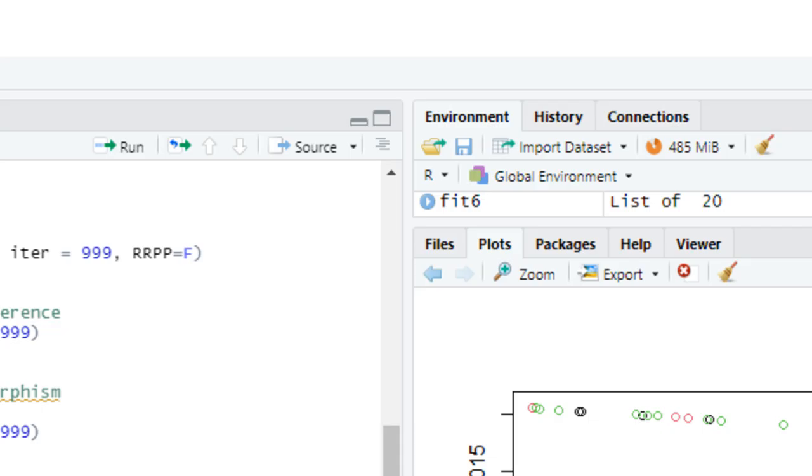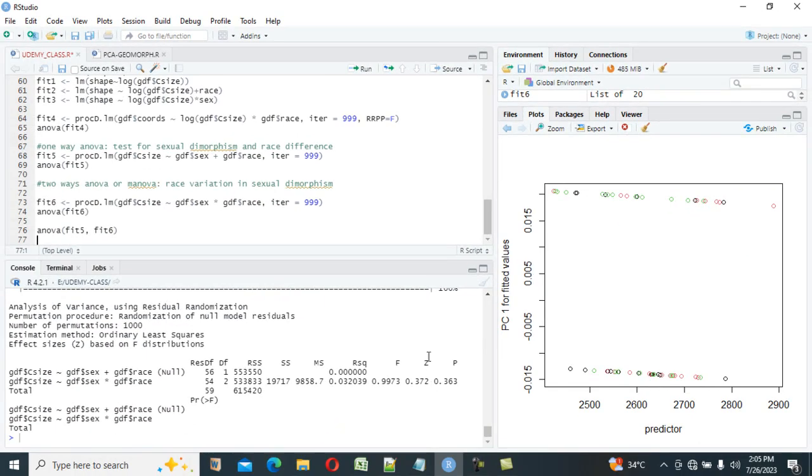Look at the value, it's giving us an R squared. We have P equal to 0.3. This is the F value, this is the root square means, and this is MS. So we have the values here. This is when they are both combined together for analysis of variance. This is a little bit complex analysis, right?